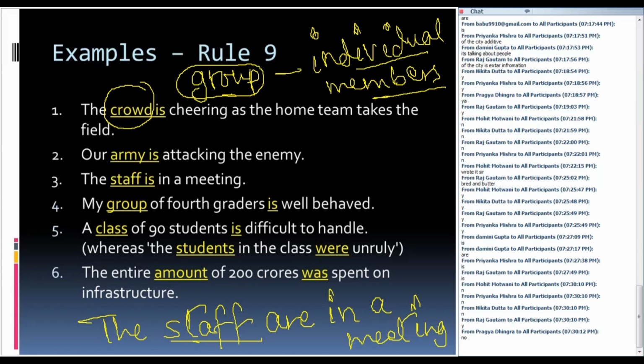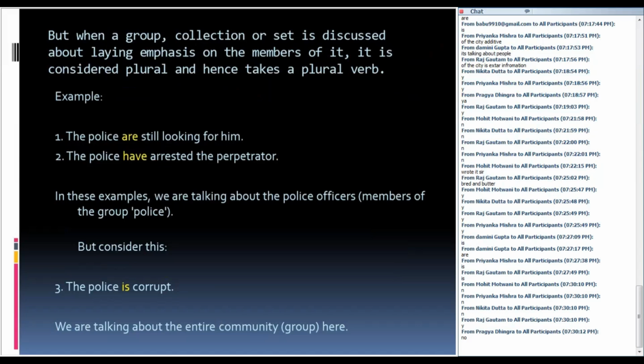Okay? So you can see some examples here. There can be situations when a group, a collection, or a set is discussed and you want to lay emphasis on the members of it. If you want to lay emphasis on the members, then it is considered plural, and that is why you'll have to use a plural verb.